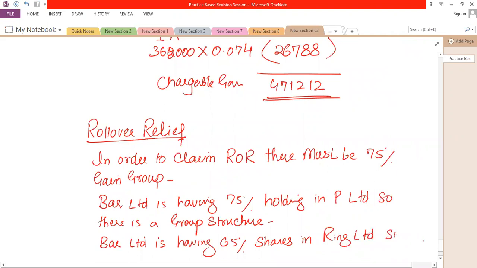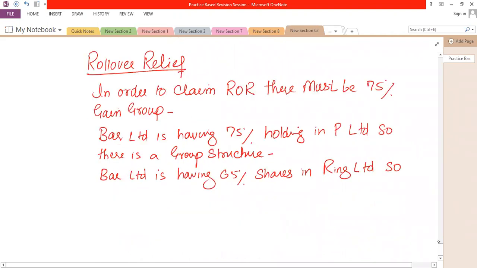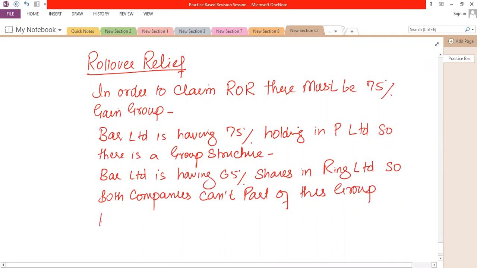So both companies, that is Ring Limited and its subsidiary, cannot be part of this group. Hoop is having a separate group. I am explaining the group structure, right?